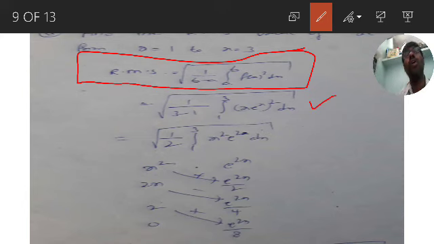Just substitute. So square root of 1 by 3 minus 1 integration 1 to 3 x into e power of x whole square dx. So x square, e power of x whole square, that is e power of x into e power of x, that is e power of x plus x, that is e power of 2x.